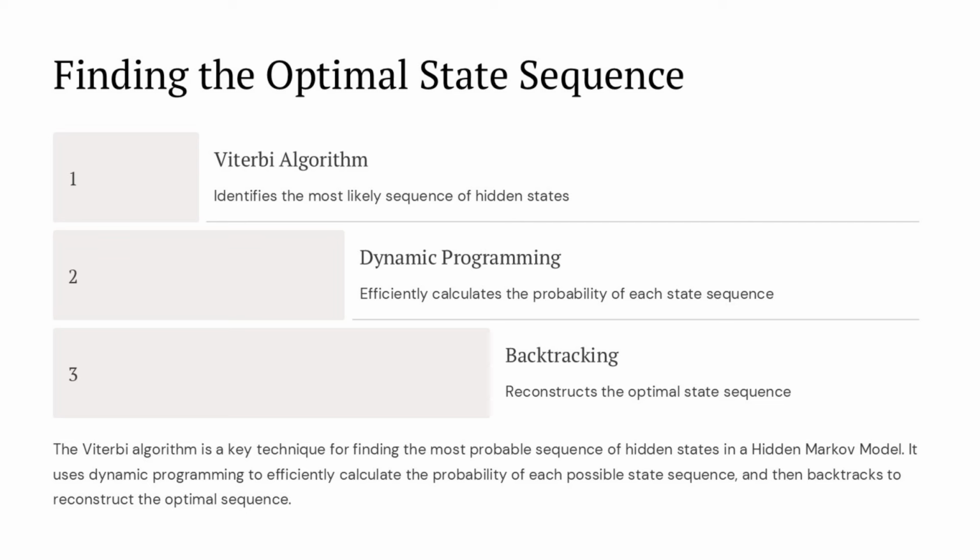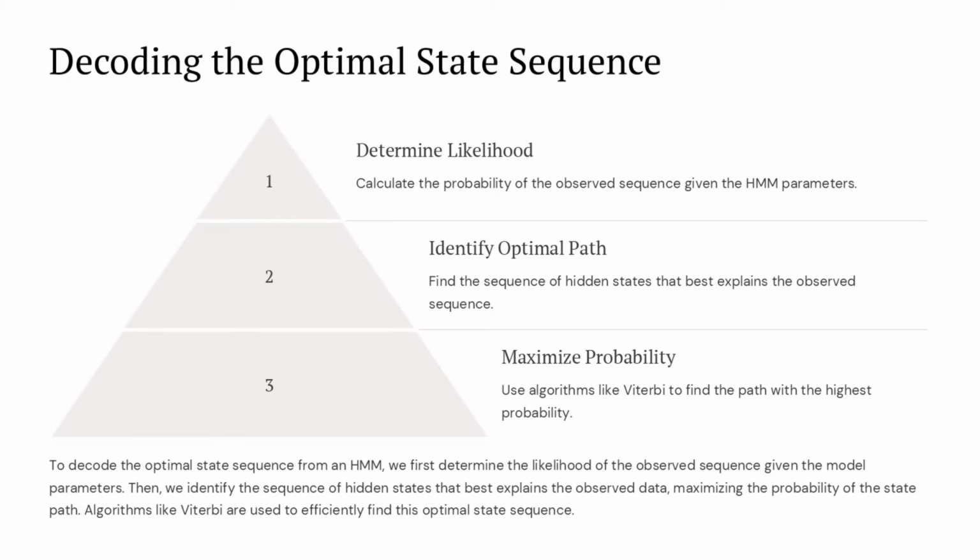The key steps are: use dynamic programming to calculate probabilities of all possible state sequences. Identify the sequence with the highest probability. Backtrack to reconstruct that optimal state sequence. This is a critical tool for working with hidden Markov models, which have many applications in areas like speech recognition, bioinformatics, and finance.